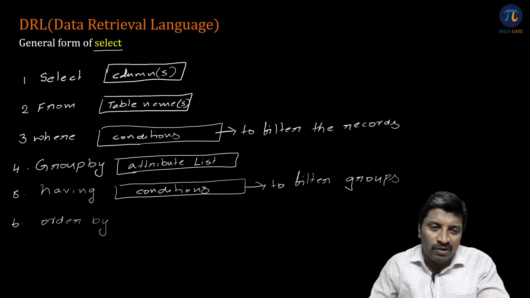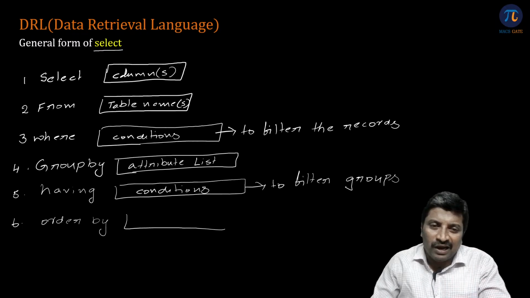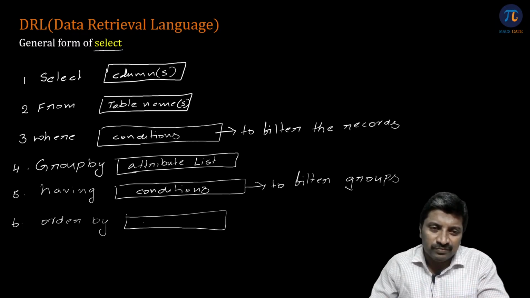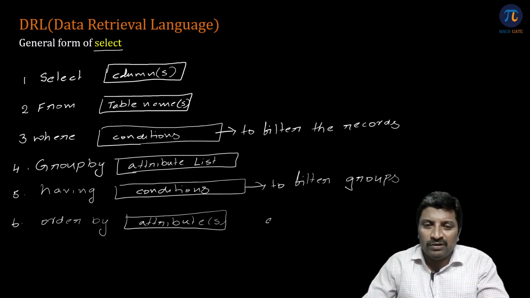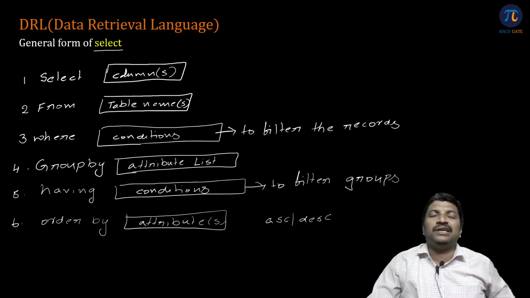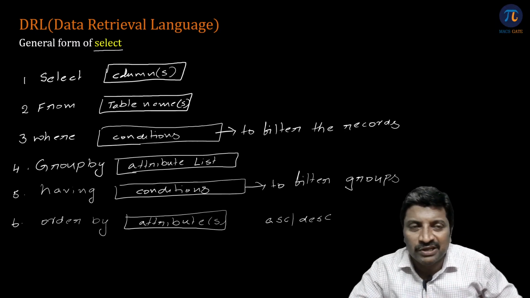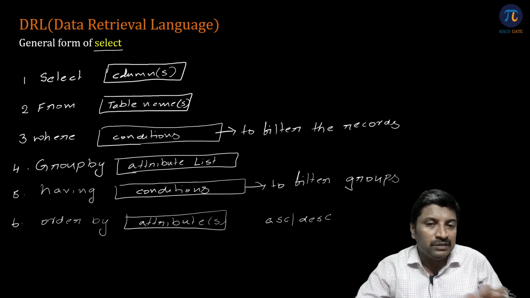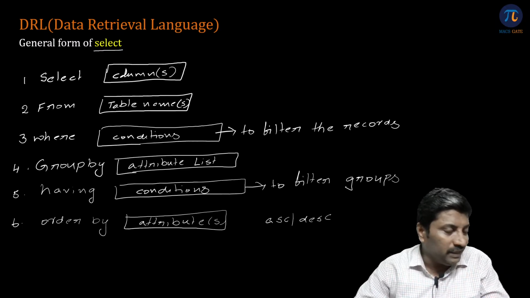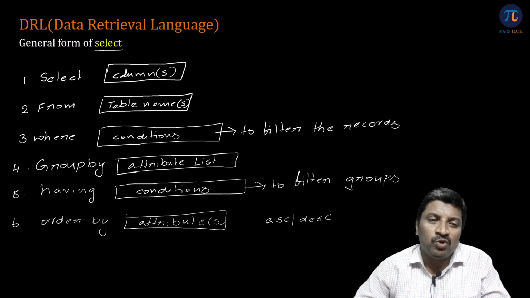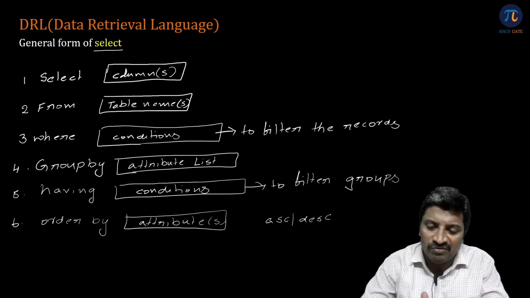Like that, we order by the attribute list, whether you want ascending or descending order. Ascending order is the default, sir. If you want to display the records in descending order, then we need to specify DESC. Hope you understood it.